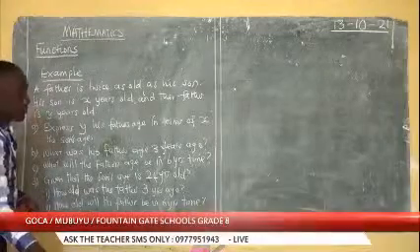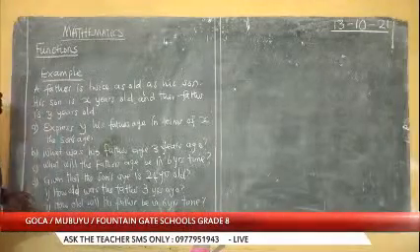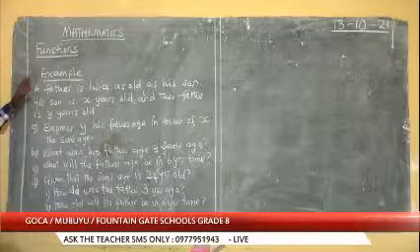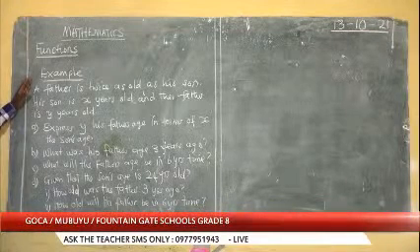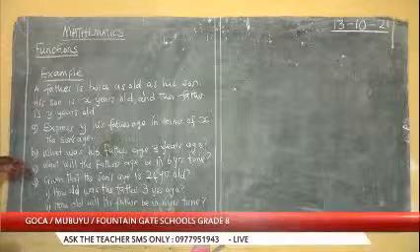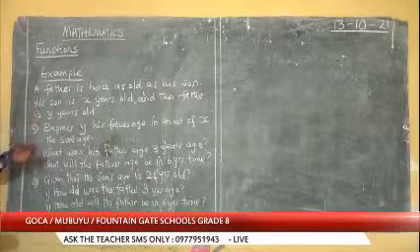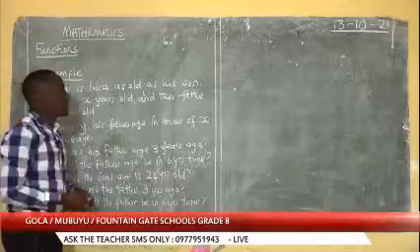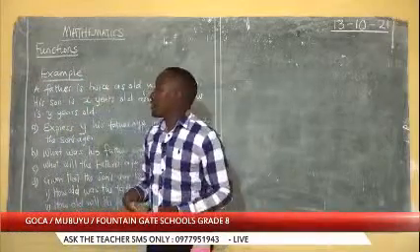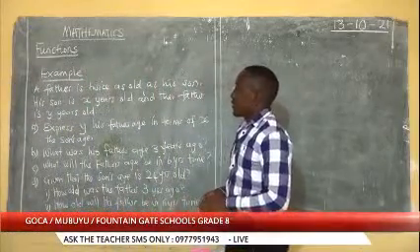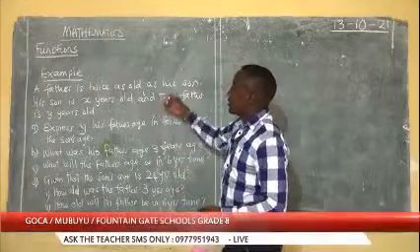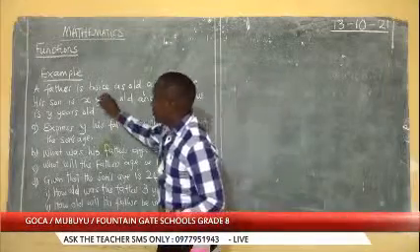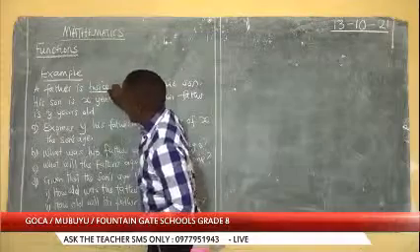For this question we are going to be using the examples under functions to solve the question. So in this question we are saying that a father is twice as old as the son. We have this word twice.